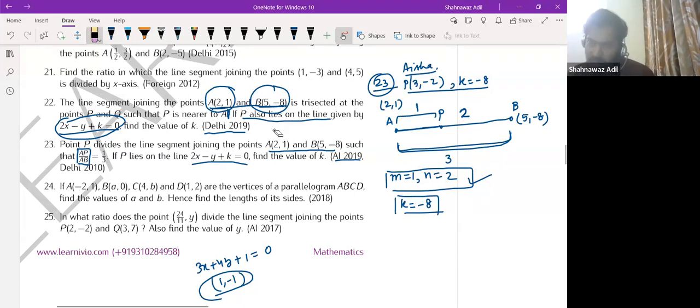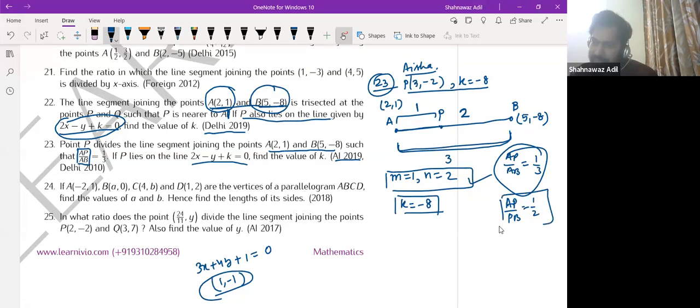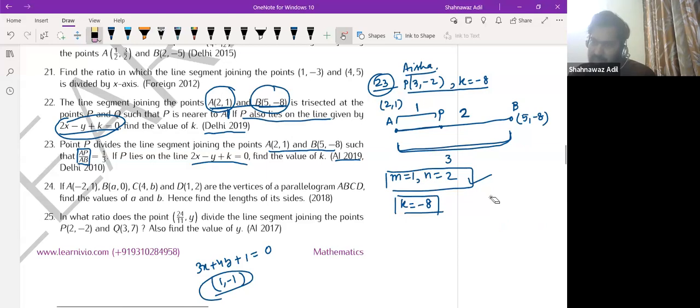But this point was AP by AB, this was not AP by BP. So we have to write AP by AB. That would be one. Yes. On to the next question.